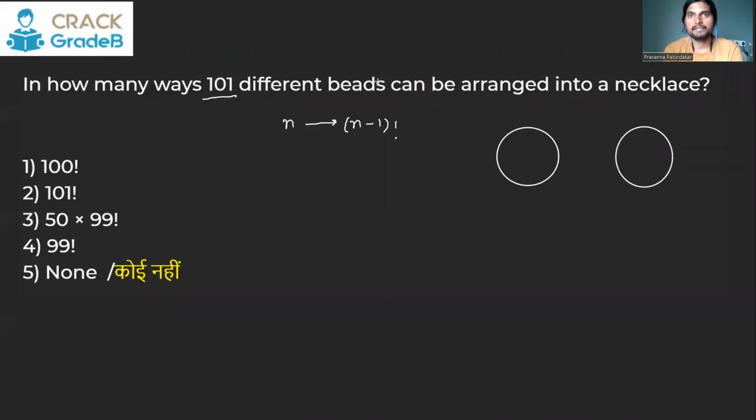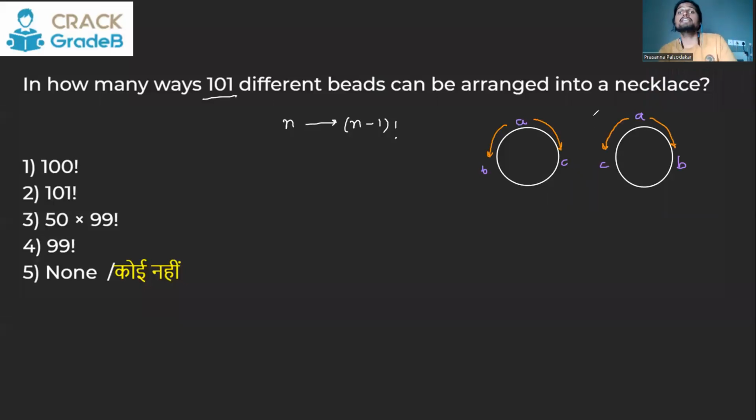If A sits here, B sits here and C sits here, versus A sits here, C sits here and B sits here, they are different ways. If they are people sitting on chairs, that is different, because in this case, C is to the left of A and B is to the right of A. Here, B is to the left of A and C is to the right of A.